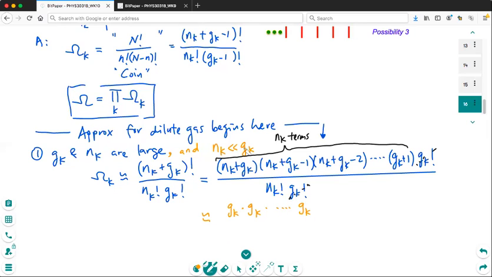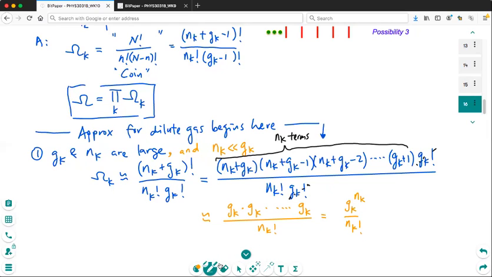I will have NK of them. So the end result is I will have GK times GK times GK, NK times. So I will have GK raised to the power of NK divided by NK factorial.